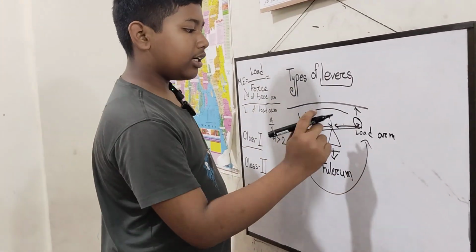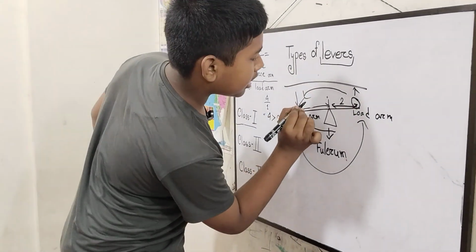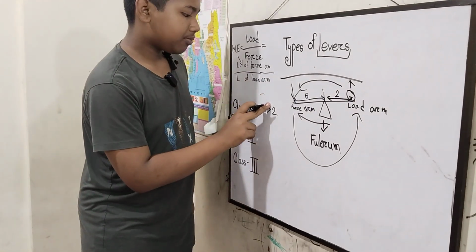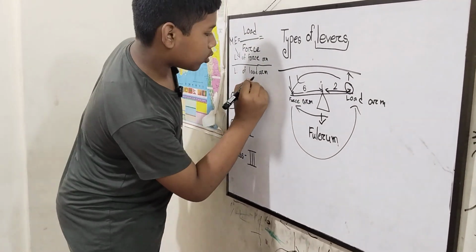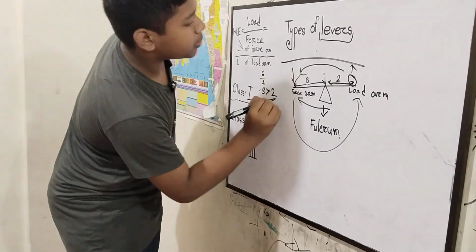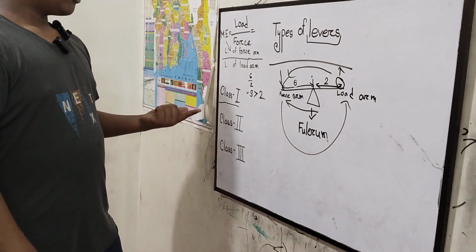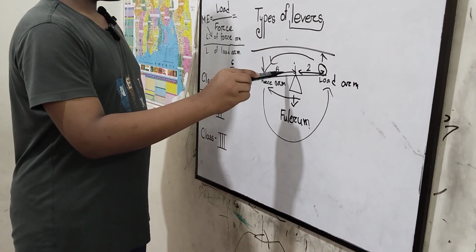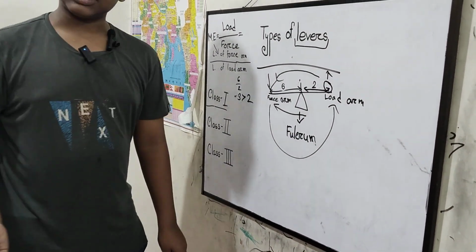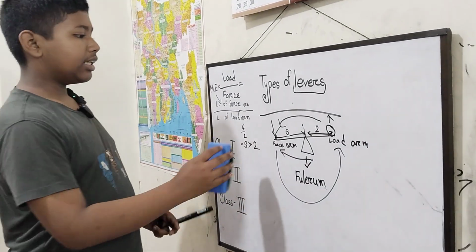Or let's say that this is 2, but this became 3. Another type of equation we have here: 6 by 2, we have 3, which is also bigger than 2. So by increasing the force arm and decreasing the load arm, we can get the mechanical efficiency increased.